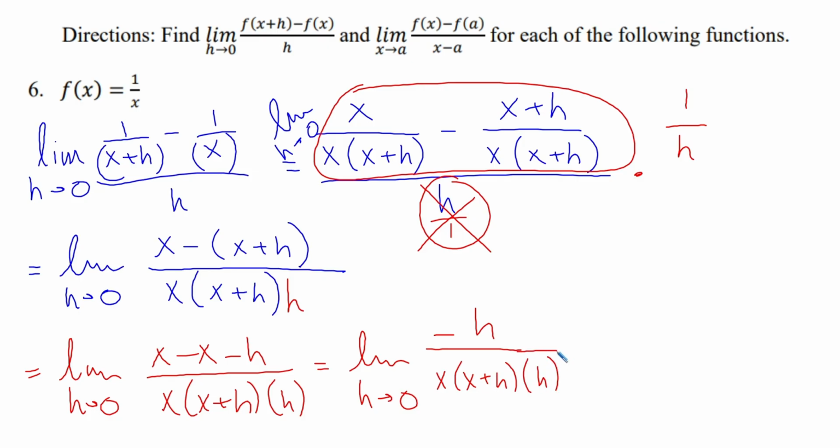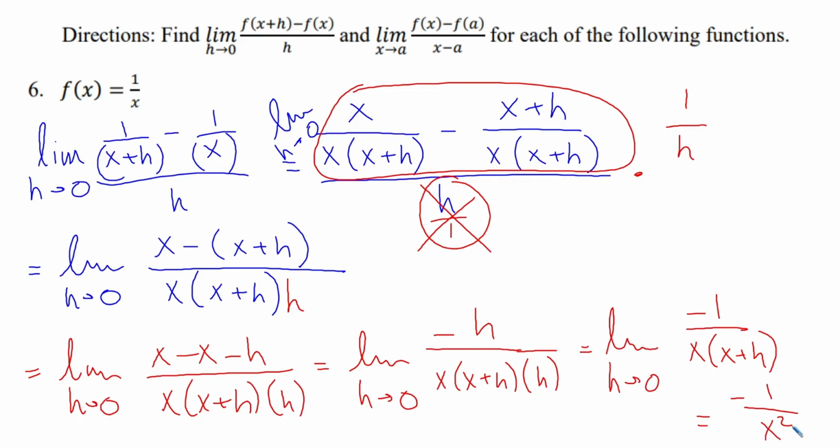The h in the numerator and the h in the denominator cancel. Limit as h approaches 0 of negative 1 over x times x plus h. Well, that's negative 1 over x times x plus 0. X plus 0 is just x, and x times x is x squared.